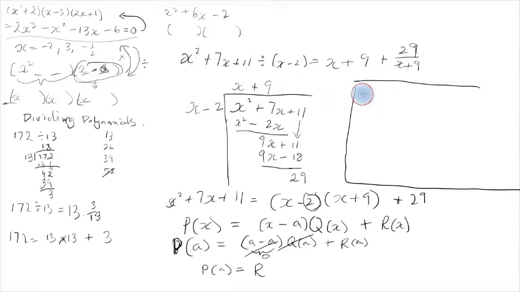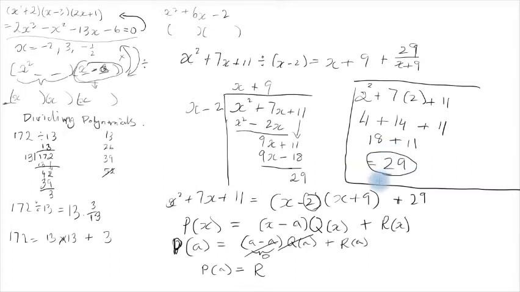I'm going 2 squared plus 7 times 2 plus 11. 2 squared is 4, 7 times 2 is 14, plus 11. 4 plus 14 is 18, plus 11 is 29. And look at that, 29 is our remainder. So the remainder is 29 because we put a in for x, getting 29.